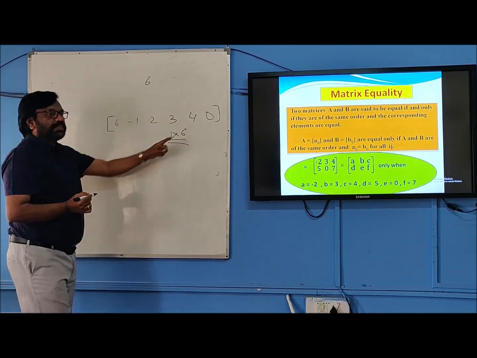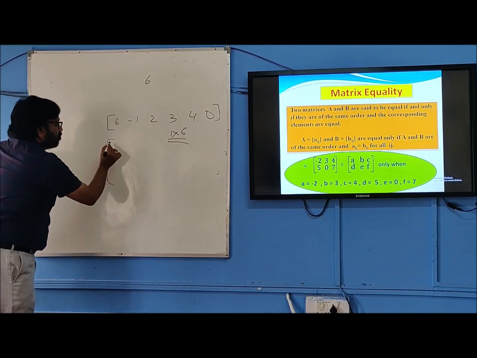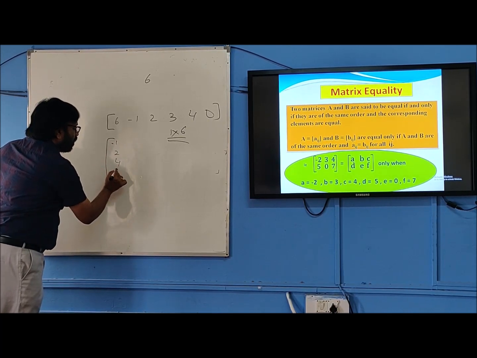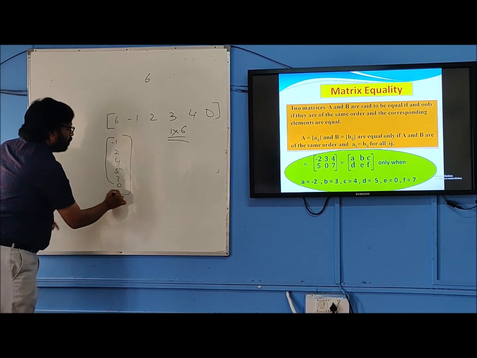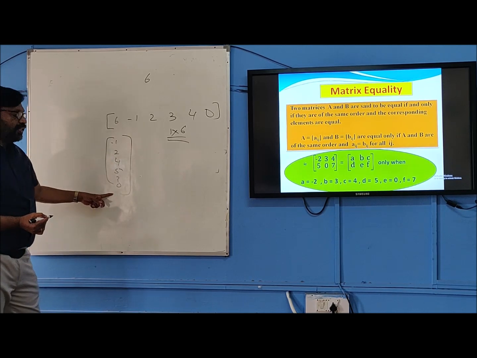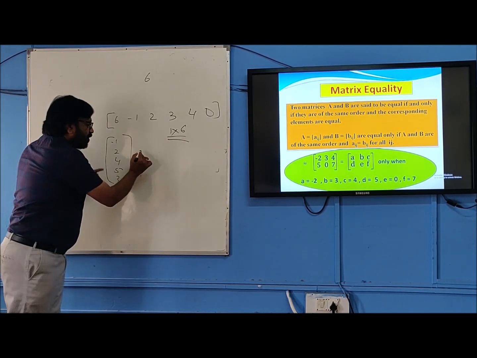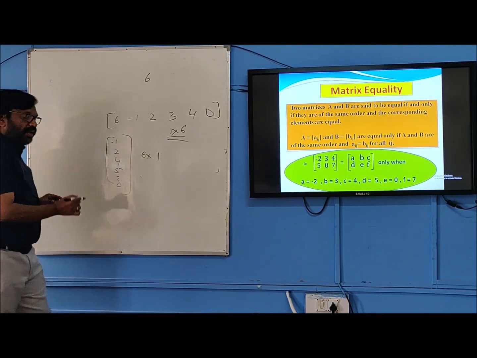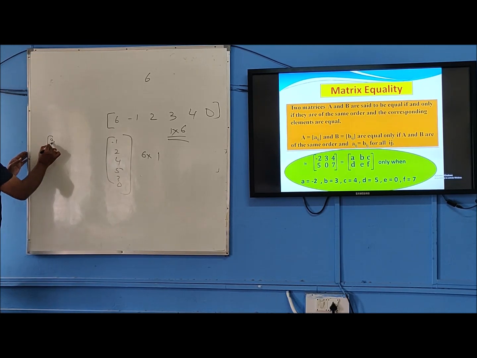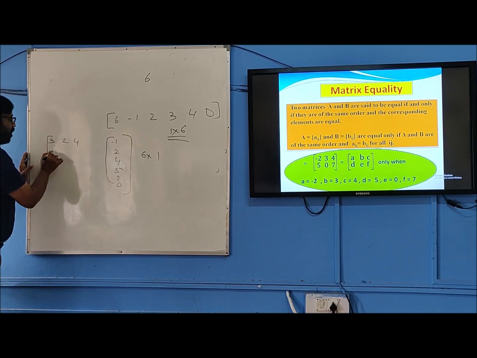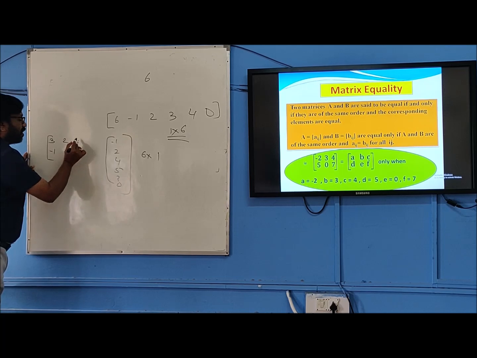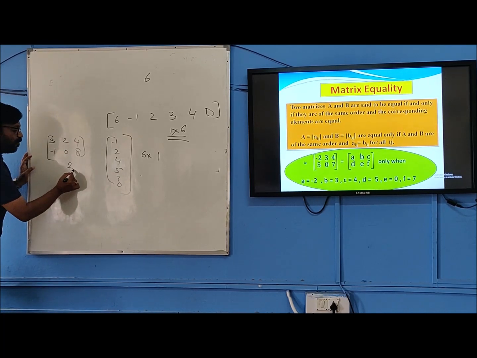Another we can say like this: -1, 2, 4, 5, 3, 0. 6 elements are there. Therefore, what is the order of this matrix? 6 by 1. Another matrix: 3, 2, 4, -1, 0, 8. This is of order 2 by 3.